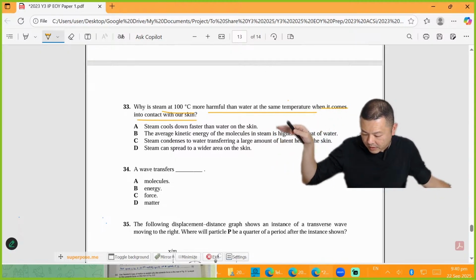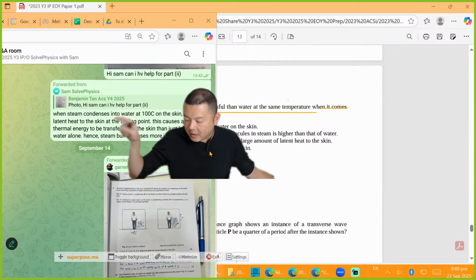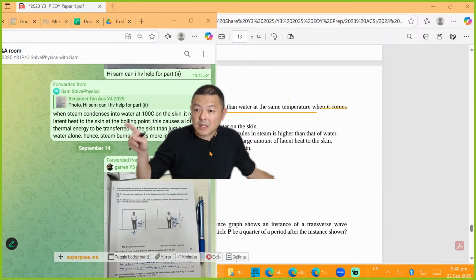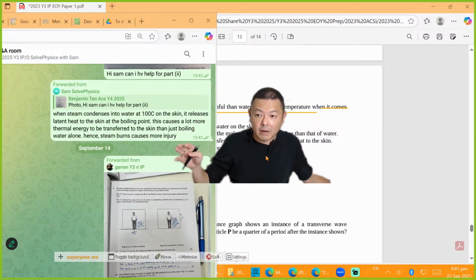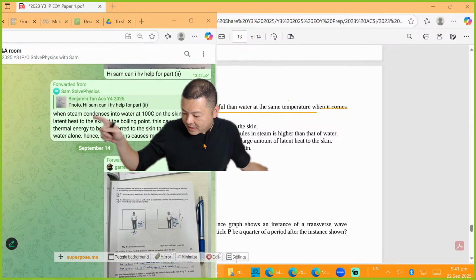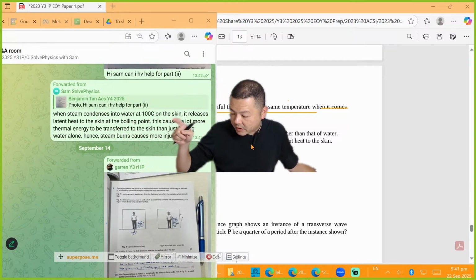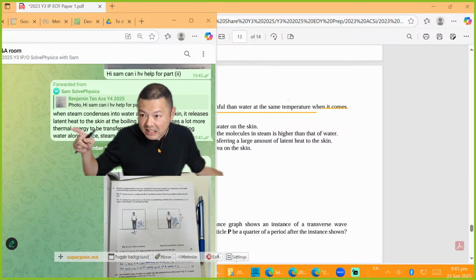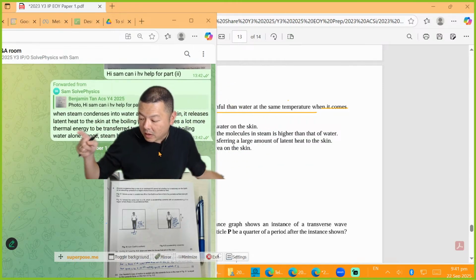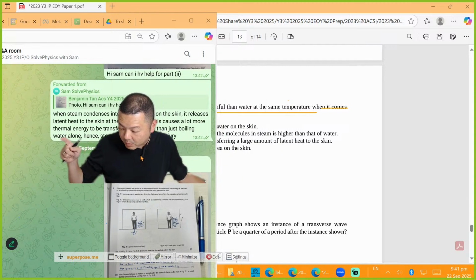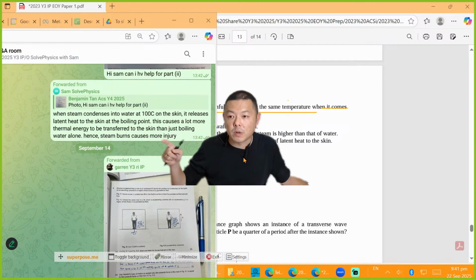Based on that Telegram statement, I typed it out because it was a paper 2 question. It could be a paper 2 question for all of you. When steam condenses into water at 100 degrees Celsius on skin, it releases latent heat to the skin at the boiling point. This causes a lot more thermal energy to be transferred to the skin than just boiling water alone, hence steam causes more injury.